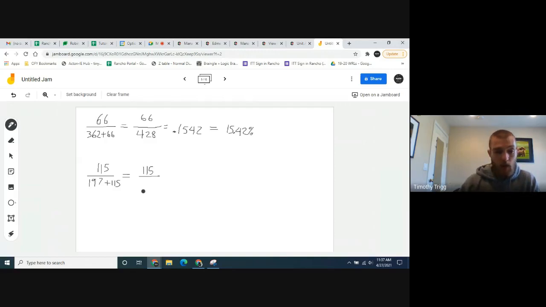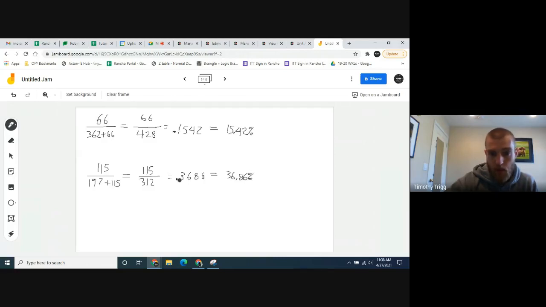This will help you understand the material much better. So this is 312, just adding these together. So 115 divided by 312. So this is 0.3686, or in other words, about 36.86%.